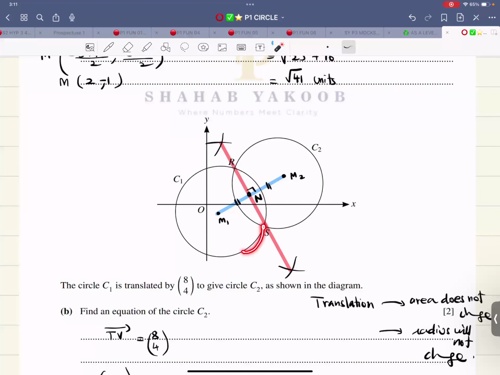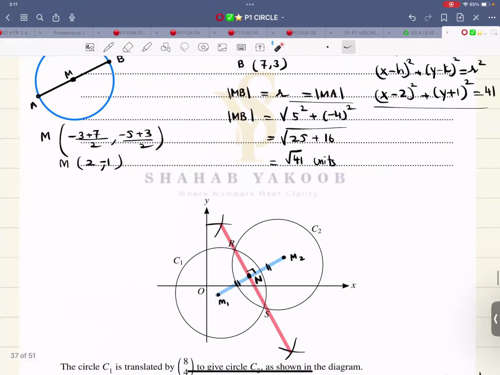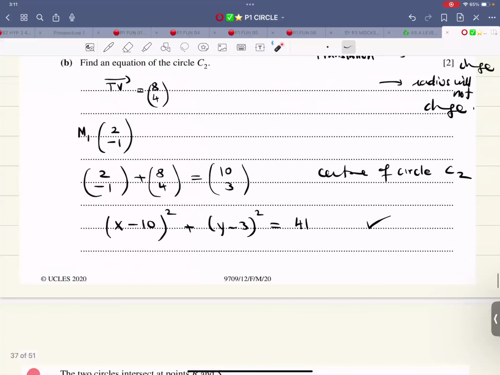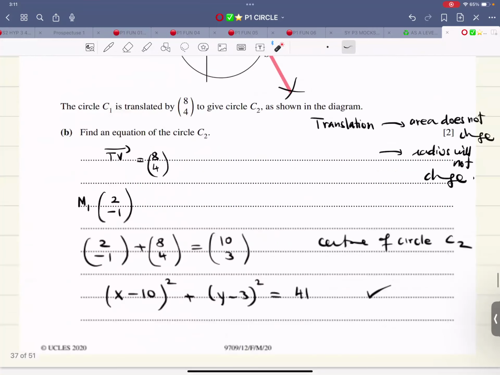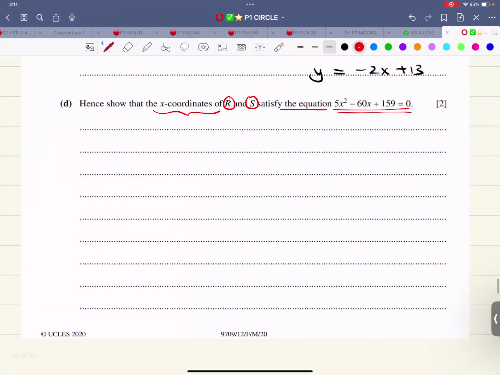S also lies on circle 1. S also lies on circle 2. That means just pick up one circle equation, whether this one, and plug that equation in. I'll pick this one, (x minus 2) whole square, (y plus 1) whole square. So now I have (x minus 2) whole square plus (y plus 1) whole square is 41.